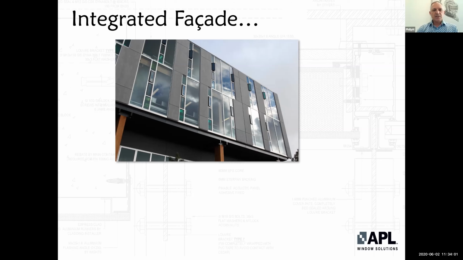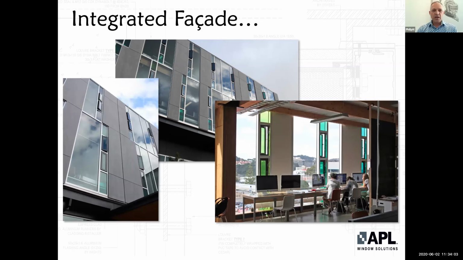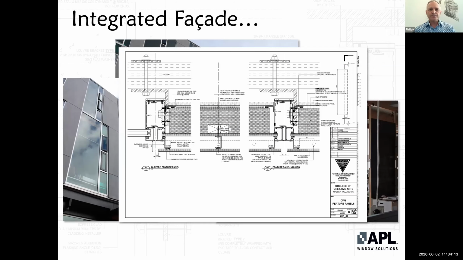But in this case, again, more for shading than anything else, they wanted to integrate a cladding system, and on the inside, they wanted some usable spaces on the inside of the facade system. This is how they achieved that. They used an insulating panel inside the facade system, and this was all built as a complete unit before it was delivered to site.